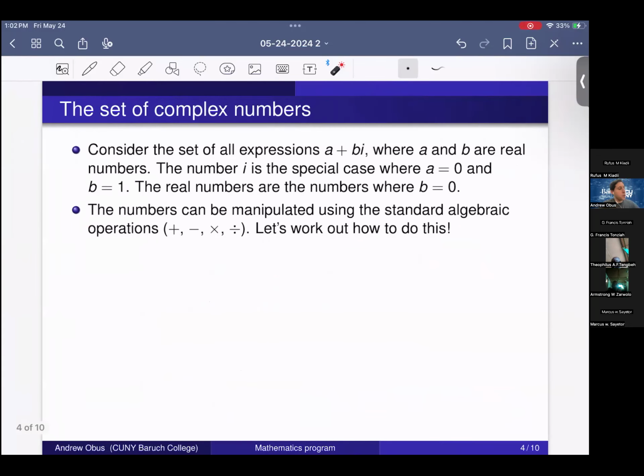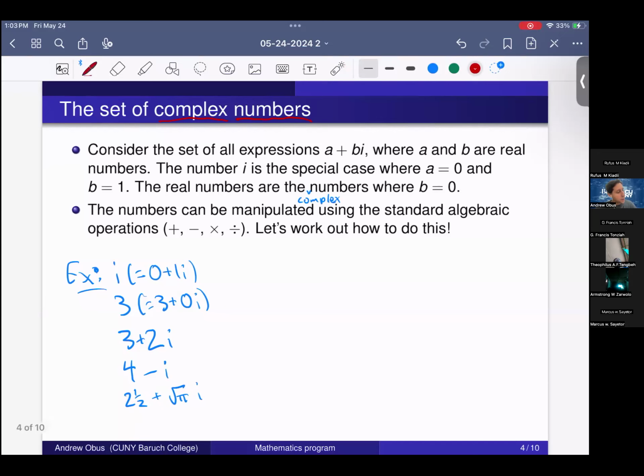So you can have a number like 3 plus 2i or 4 minus i, or whatever you want to write. And they don't have to be integers. You could have 2.5 plus the square root of pi times i, right? This is a perfectly good complex number. You have a real number here, and then you have another real number that's multiplied by i.